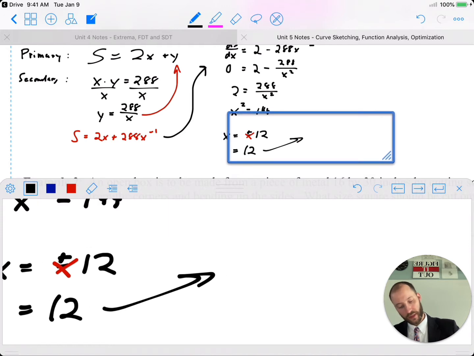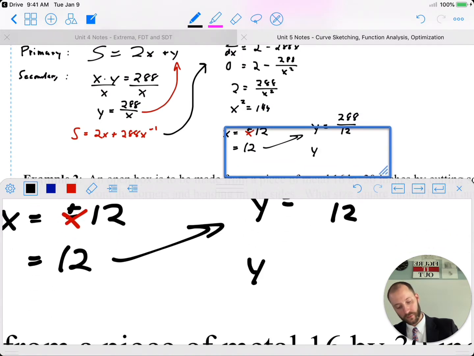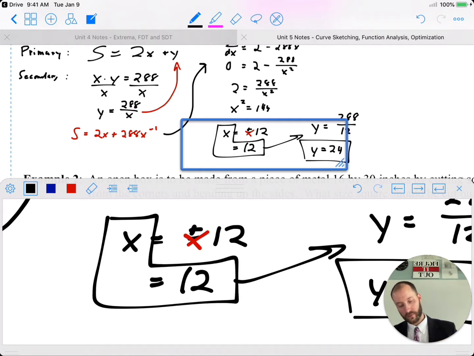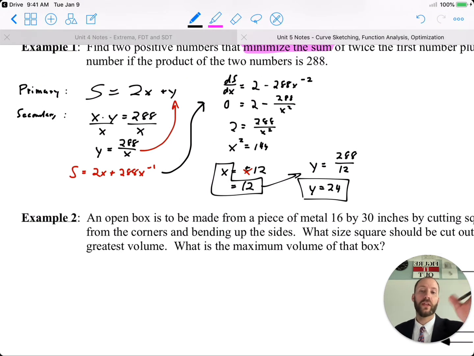So x is 12, y is 288 over 12, so y is 24. You have x, and you have y. Then, of course, do yourself a favor, check them in your equations to make sure they work. They satisfy one or both of them, okay?